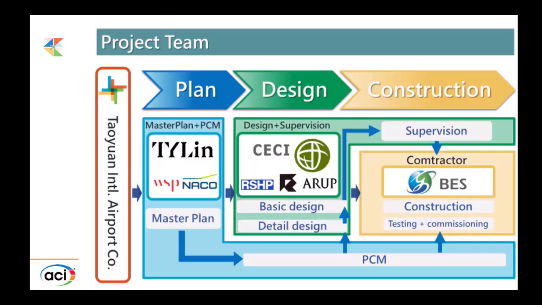And CCI, Rachel Rogers, ARAP, and the FCA are the design and supervisor team. For TP3, this apron project, BES is the contractor which builds the apron and taxiway pavement. Okay, I will hand over my microphone to Willie, and he will keep going for the technical presentation.